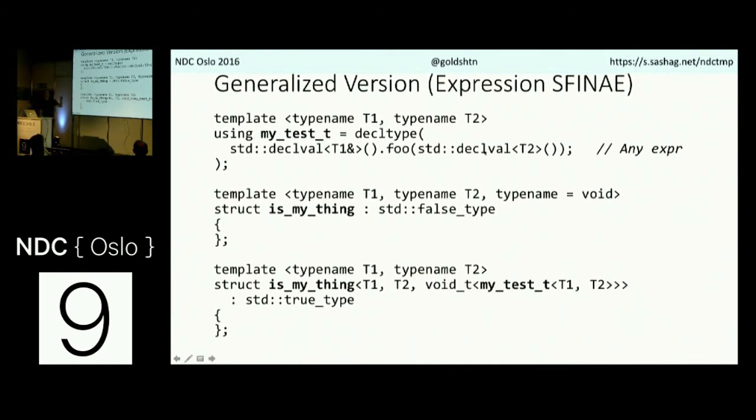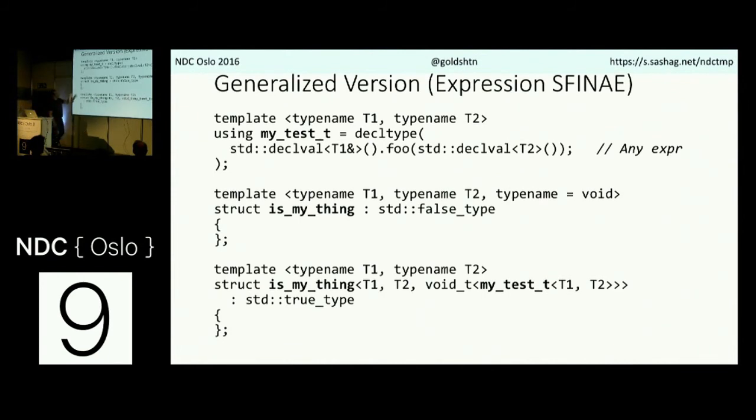So suppose I want to check if T1 has a member function called foo, which takes a T2, right? So I have this alias template, which is a template in T1 and T2, and it is declared as the decltype of this expression here, which declares a value of type T1 reference, and then invokes foo on it, passing in a T2, right?